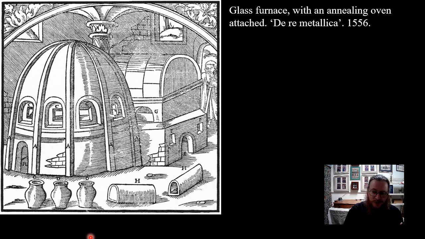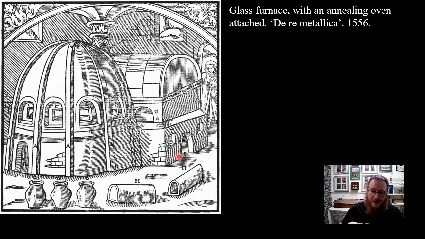Now in this woodcut from De Re Metallica, in this case from 1556, we can see that annealing oven. On this side is the main glassmaking kiln with all its openings for the glassmakers to use. And here is the annealing kiln with a coffered roof, a firing hole in the base and an opening in the side.